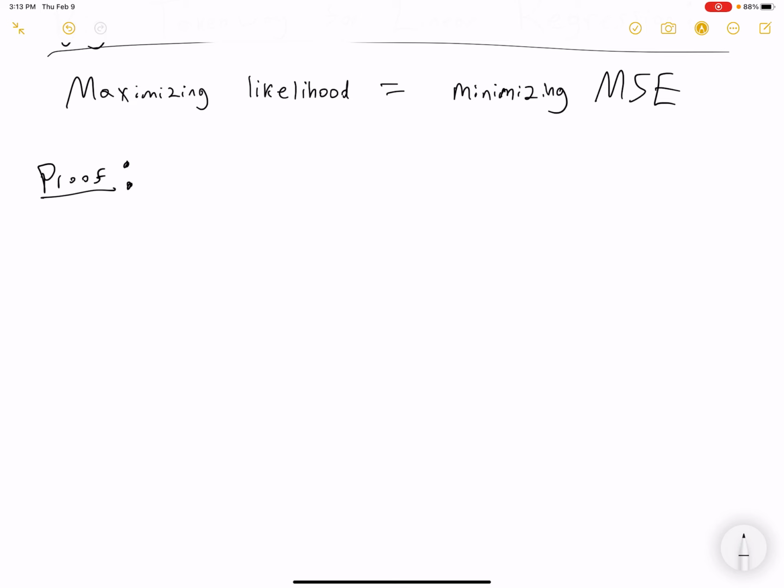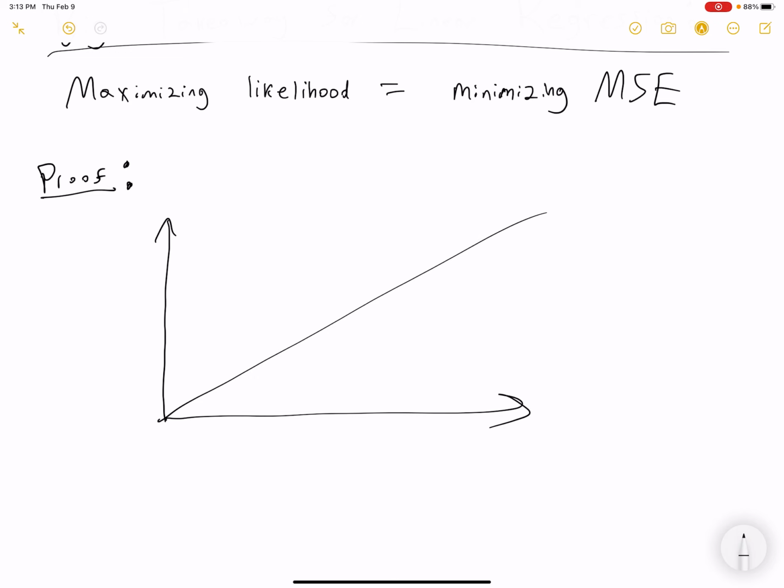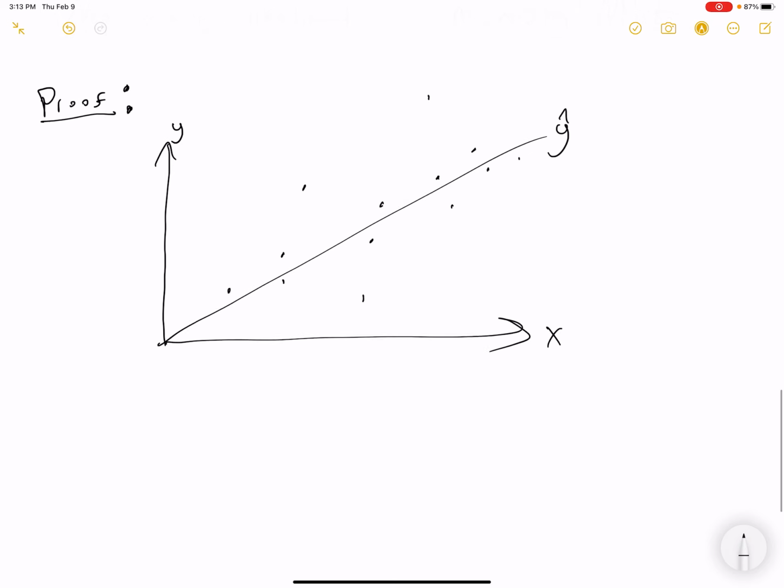It's kind of cool. So let's draw a linear regression again. As we all know from linear regression, we find a line of best fit. So x, y, line of y hat, and we have a bunch of data points. And writing out our y hat equation, this should be something you can do in your sleep at this point because we've done it so many times.